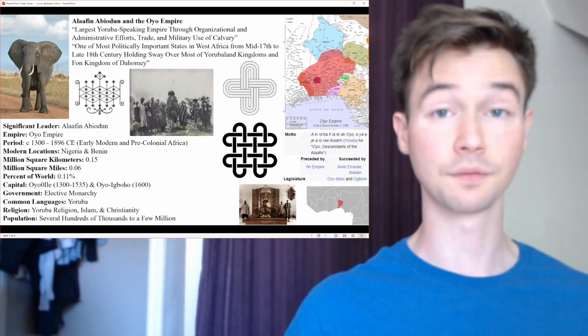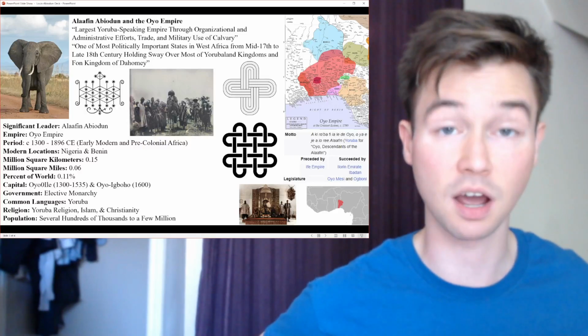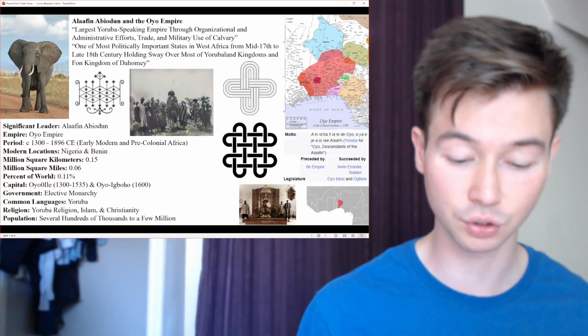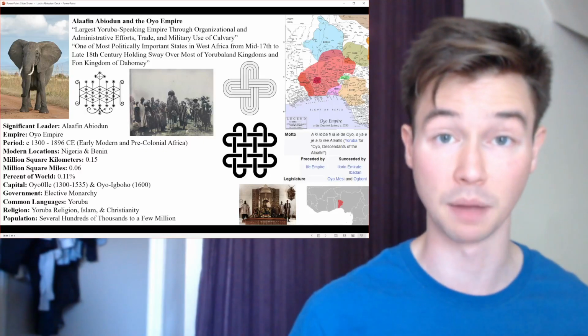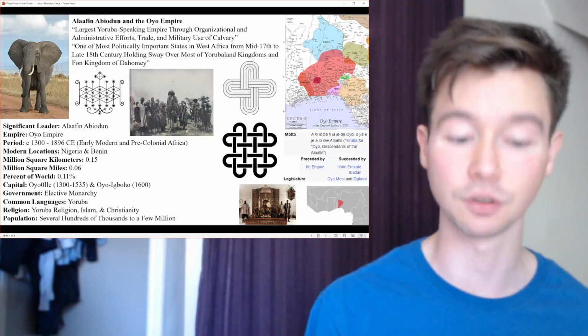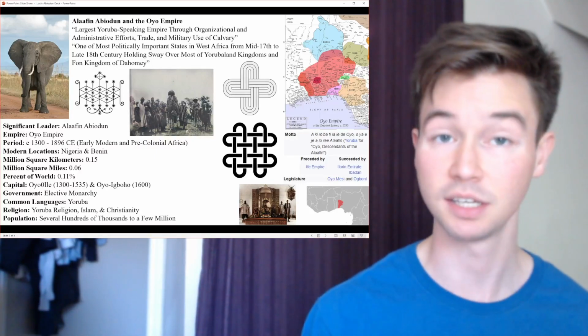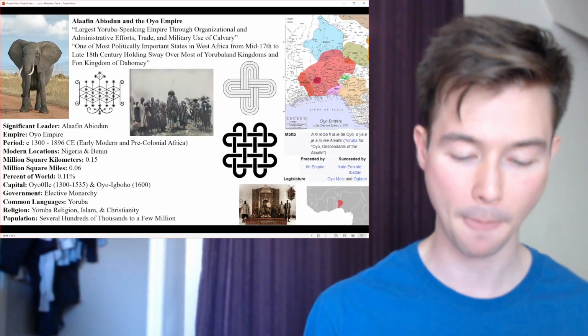As for political and religious institutions, the Oyo Mesi, a council of 7 high-ranking officials, played a crucial role in governance, advising the Alaafin and ensuring checks and balances. So there's not only just the king or the Alaafin ruling, but also the Mesi, council of 7 high-ranking officials, also ruling over this region.